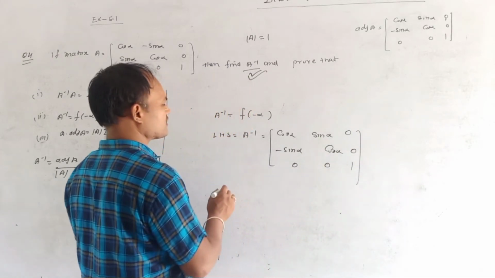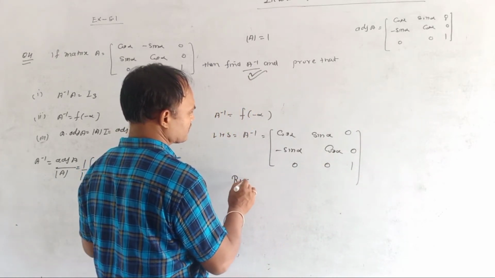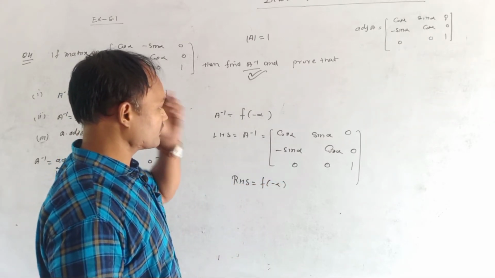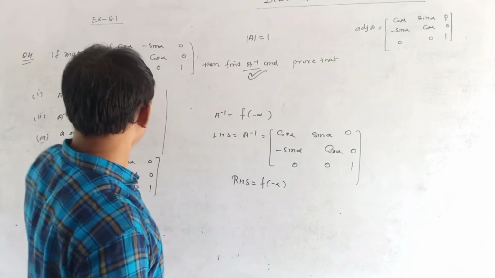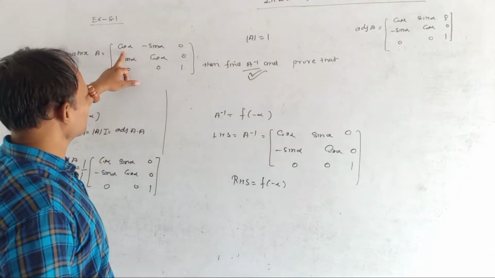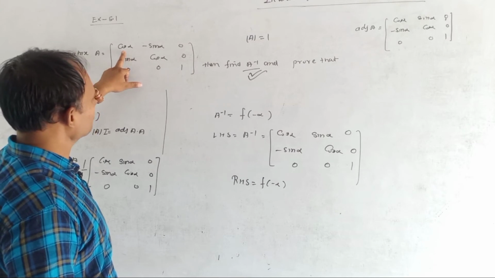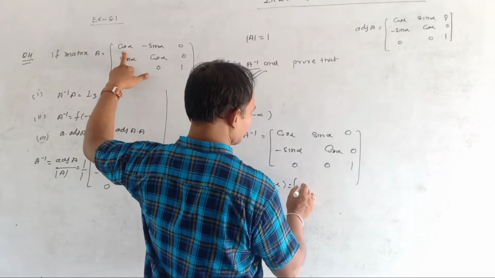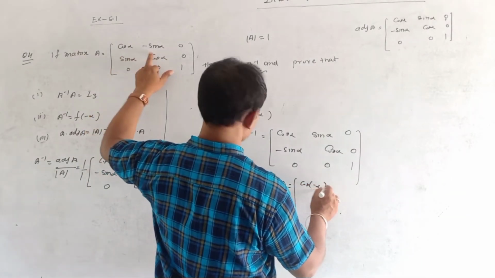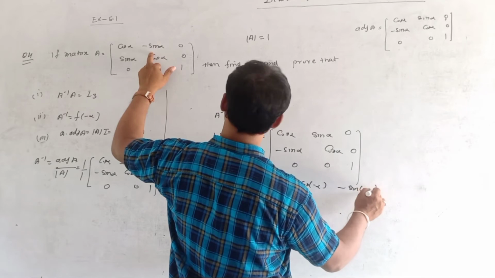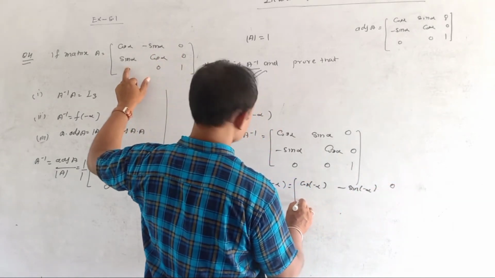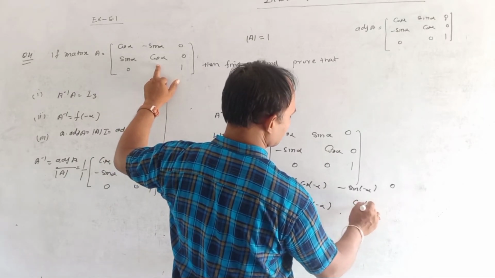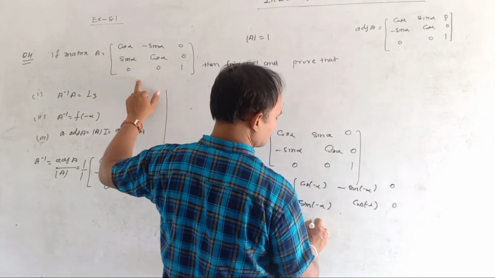And what is the RHS? The RHS is f of minus alpha. It is given that f of alpha is this, so when we use a negative sign before alpha, we get cos minus alpha, minus sin minus alpha, 0; sin minus alpha, cos minus alpha, 0; 0, 0, 1.